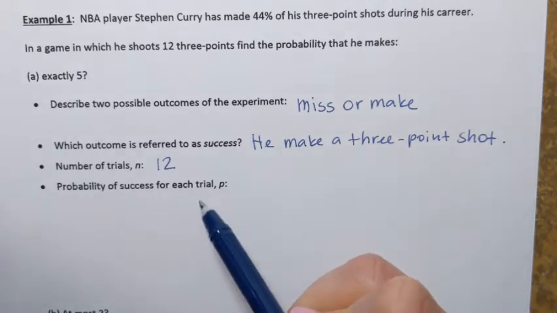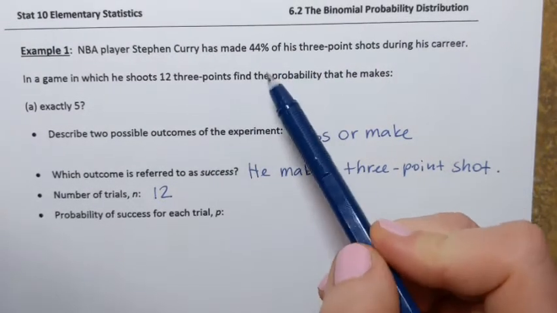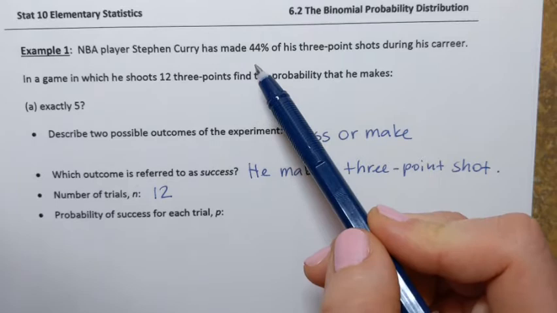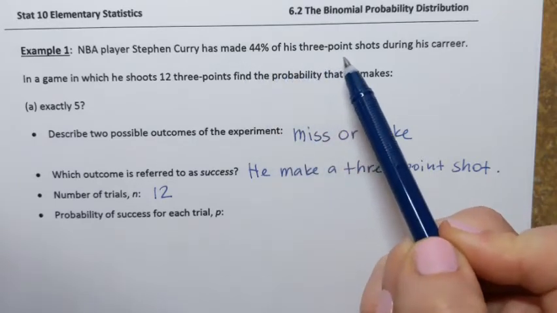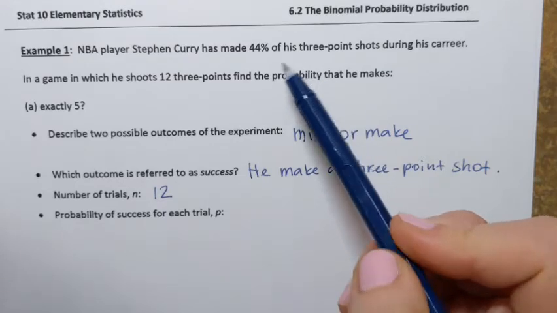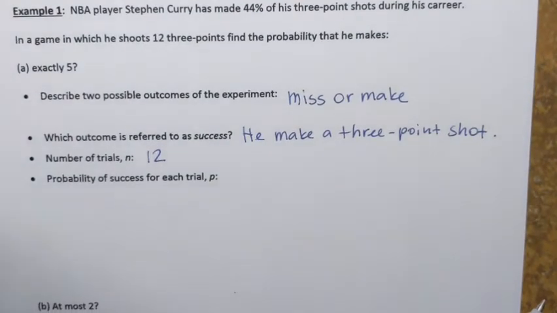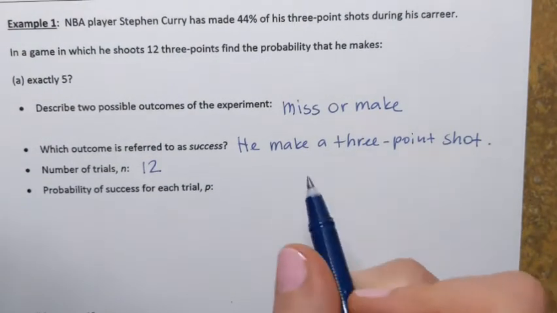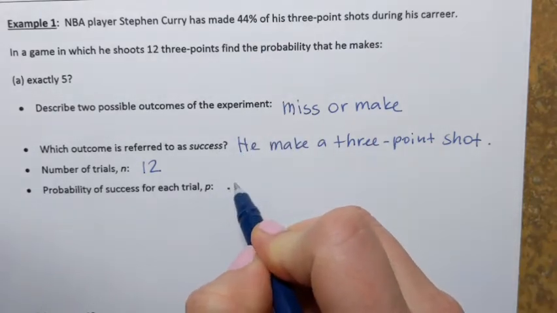What is probability of success in each trial? Well, that is his historical percentage of success. It says that he has made 44% of his 3-point shots. So among all 3-point shots that he attempted, he made 44%. And that's going to be a probability of success for each trial in this case. Of course, percentage we have to convert to a decimal, so that's going to be 0.44.